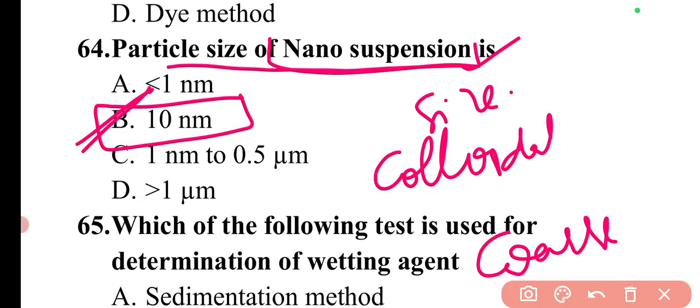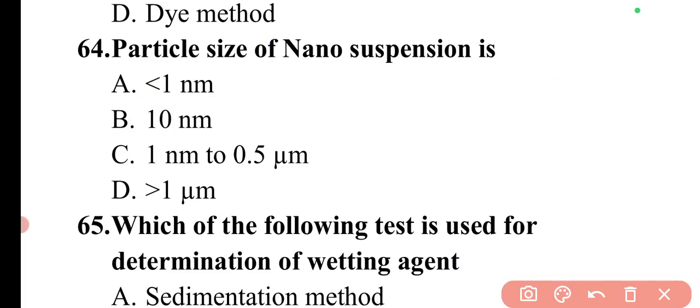In colloidal suspension, the size will be lesser than 1 micrometer. In coarse suspension, the size of the particle is greater than 1 micrometer. So these are the main types of suspensions based on the size of solid particles.